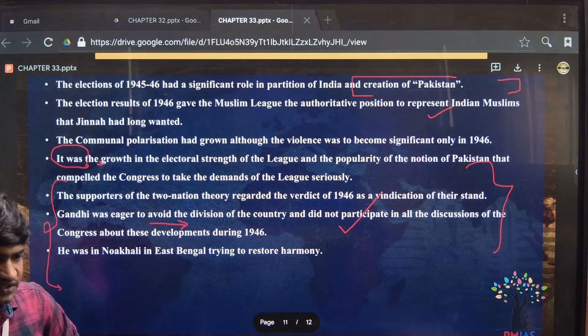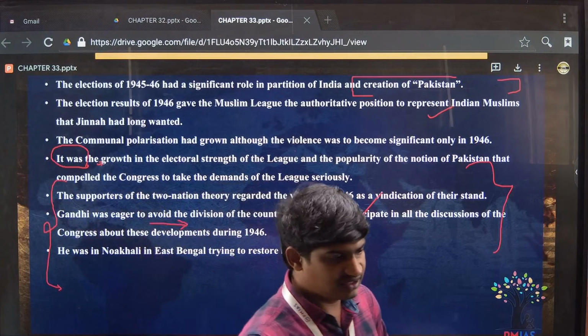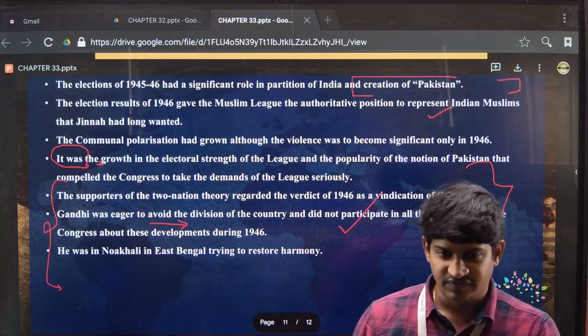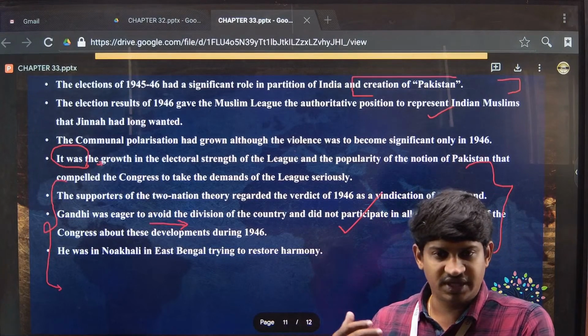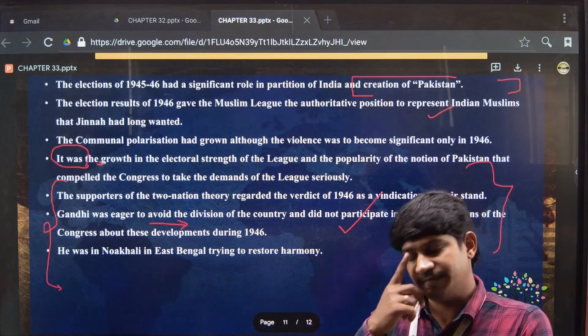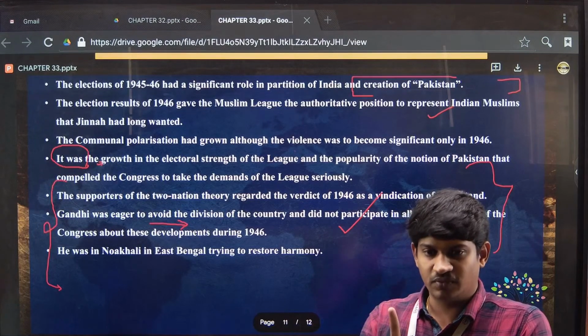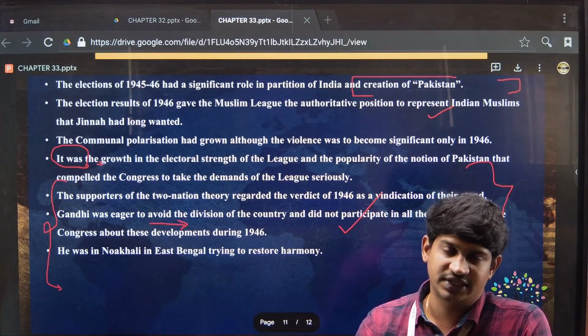Until the elections ended, the Congress thought it was reflecting the mindset of the people, that the people were also behind the Congress, that the two nation theory was not necessary, and that it was possible to have one united India at the time of independence.